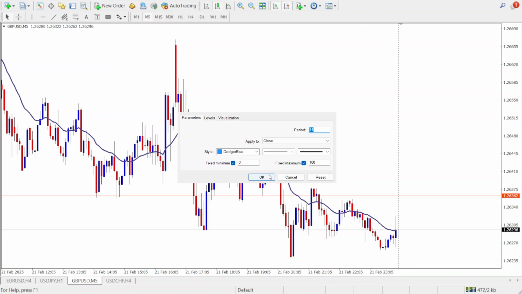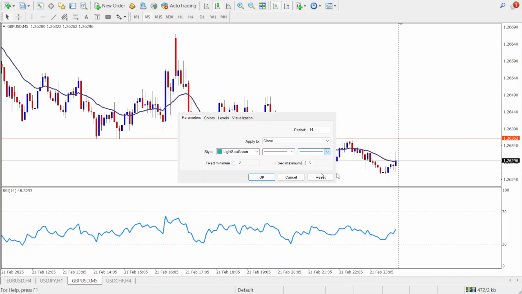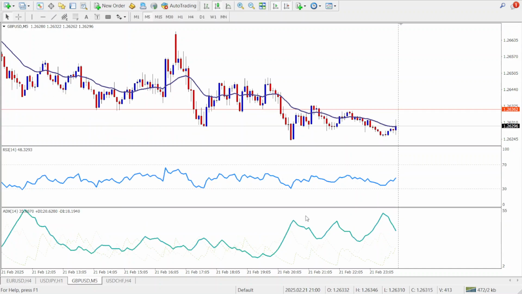The RSI shows us potential overbought and oversold conditions, while the ADX measures the strength of the trend. So by combining all three, we get a well-rounded view of the market, reducing the chances of getting trapped by false signals. Individually, these indicators are useful, but when used together, they give you a much clearer picture of what is going on in the market.